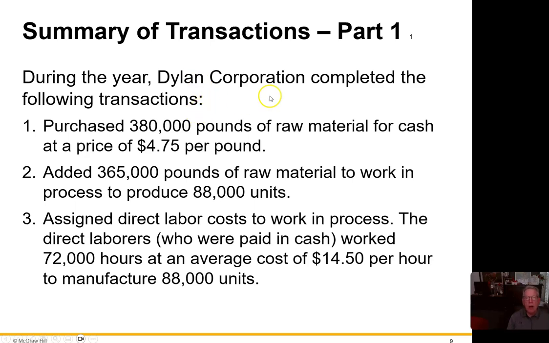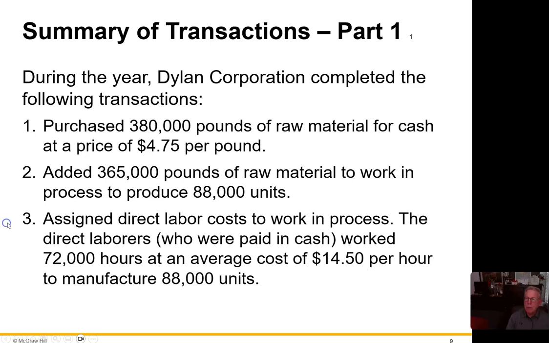Okay, during the year, Dillon completed the following transactions. It purchases 380,000 pounds of raw materials for cash at $4.75 per pound. Number two, it adds 365,000 pounds of raw material to work in process to produce 88,000 units.